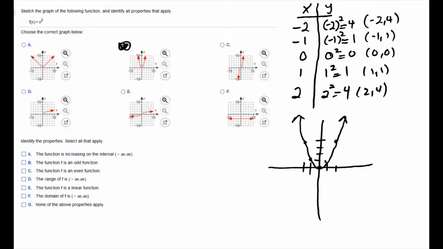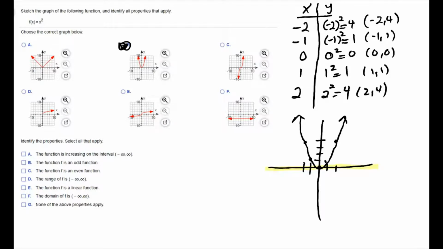And then in the second part, it says identify all the properties, select all that apply. So let's go through these one by one. A says the function is increasing on the interval -infinity to infinity. The interval -infinity to infinity would be this whole x-axis.